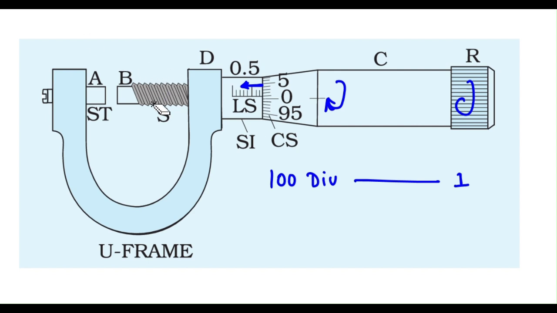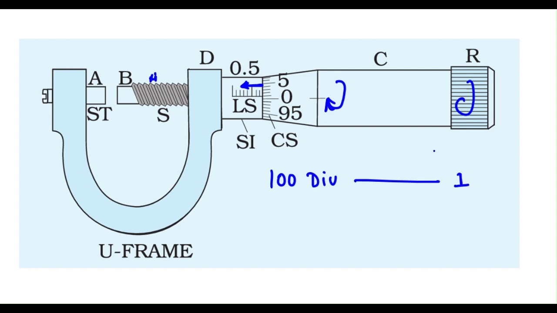Why am I saying that? Because when you rotate it once, a complete rotation, you will go one thread ahead, and you have moved some distance. This is very minute, but you have to understand that there is some distance between the two consecutive threads.